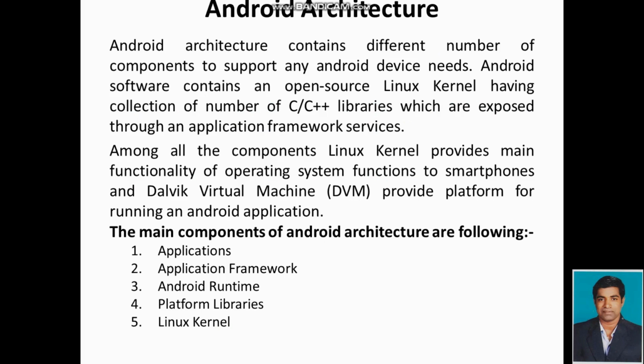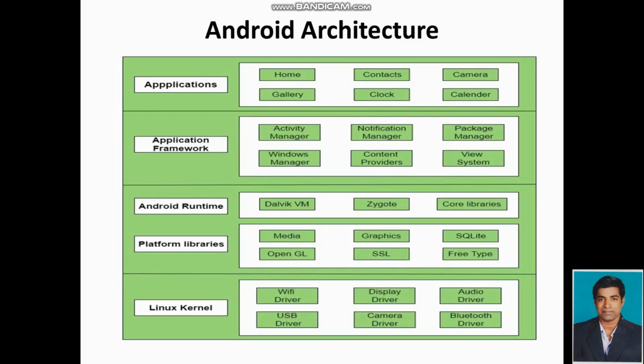The main components of Android architecture are the following: one is applications, second is application framework, third is Android runtime, fourth is platform libraries, fifth is Linux kernel. We can see the main 5 different layers in Android architecture.